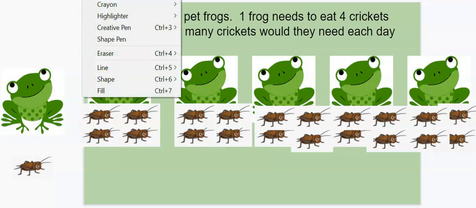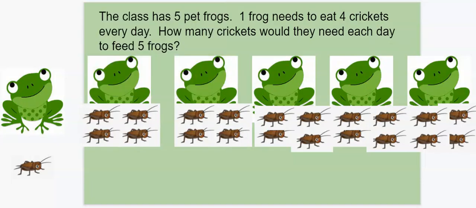Let's write our equation and solve it. So I know here is the first one, and it needs 4 crickets. And a second frog, who's eating 4 crickets. And another one.